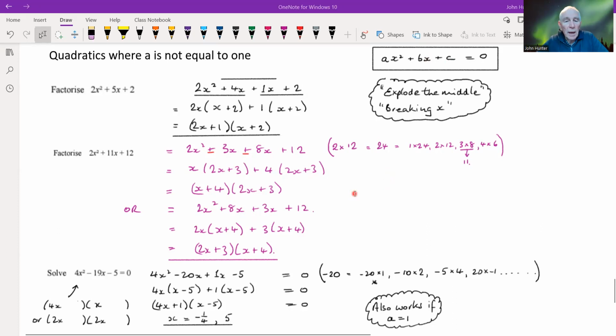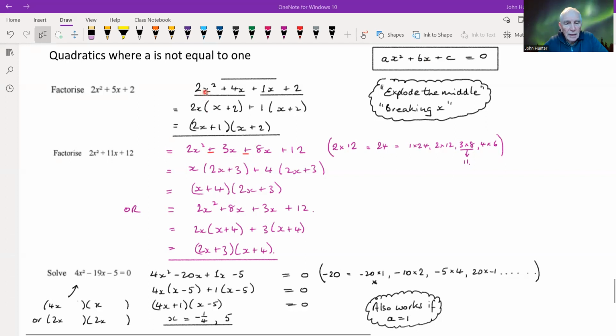Okay, so just to recap on the example in the previous video, if we want to factorize this expression here, well, I've done it sort of the backwards way round, really.